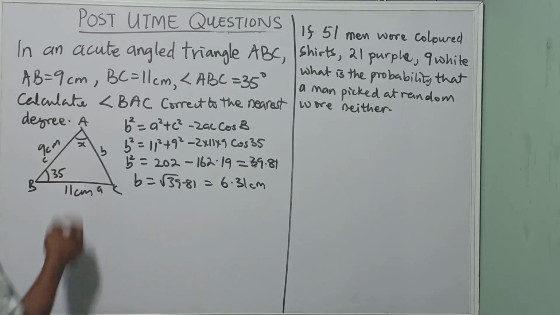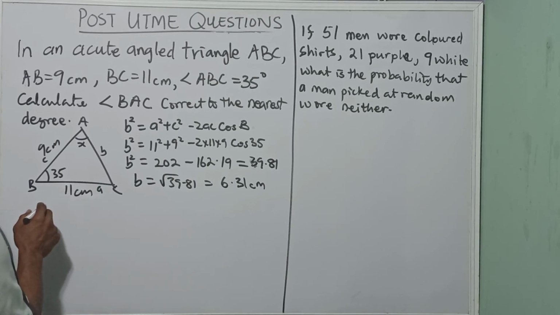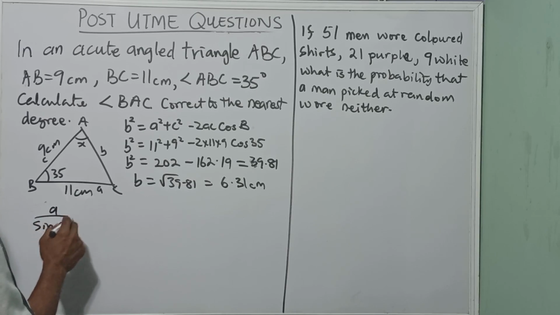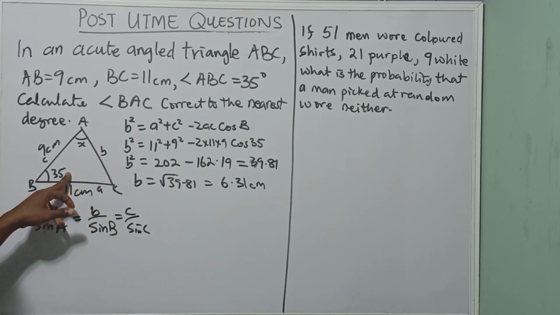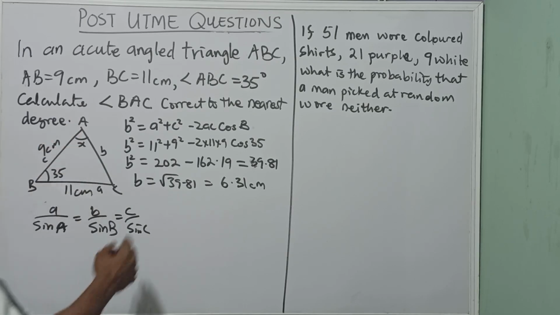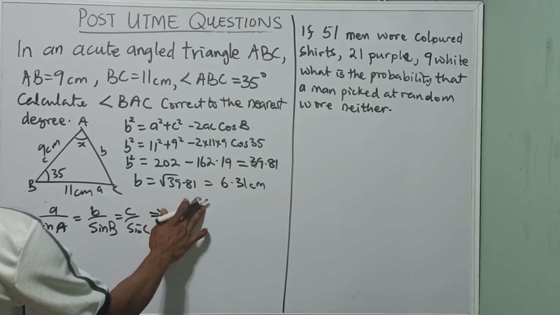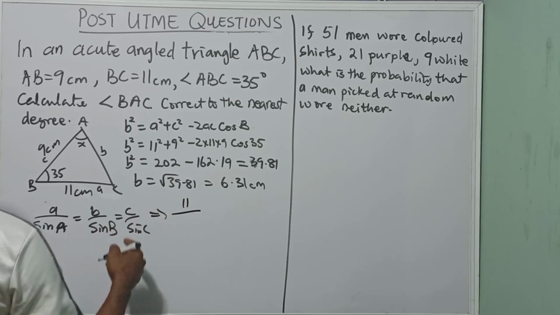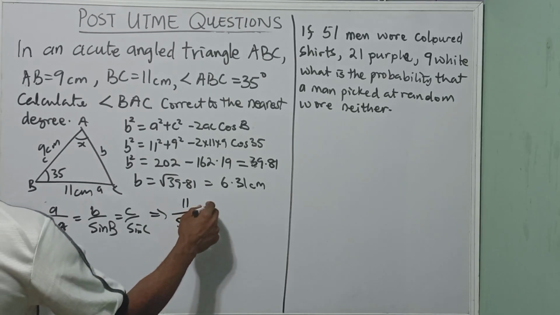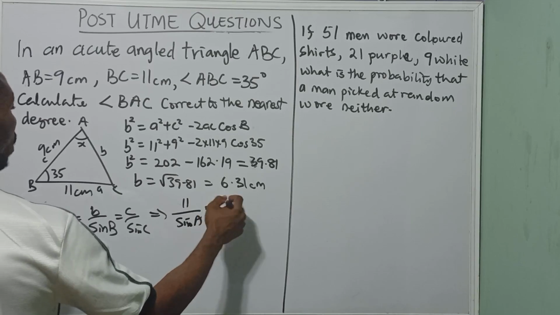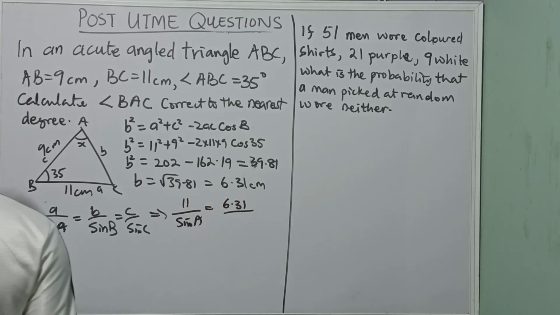Now for us to find a, we will use the sine rule that says a over sine A equals b over sine B equals c over sine C. Now since we have a small b and our angle B, we can use it to find A. So here we'll be doing this as 11 cm, which is a, all over sine A, equals b, which is 6.31, all over sine 35.